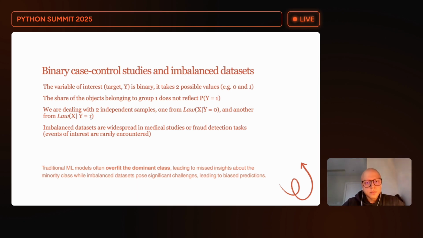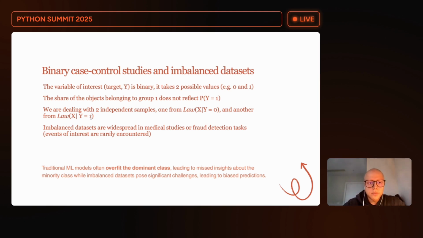And the other situation when this setup is actually widespread is any situation when events of interest are rarely encountered. Like fraud detection or churn prevention in telecom or credit default by a financial entity.